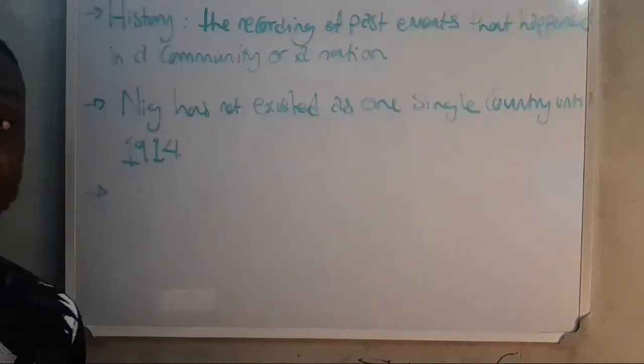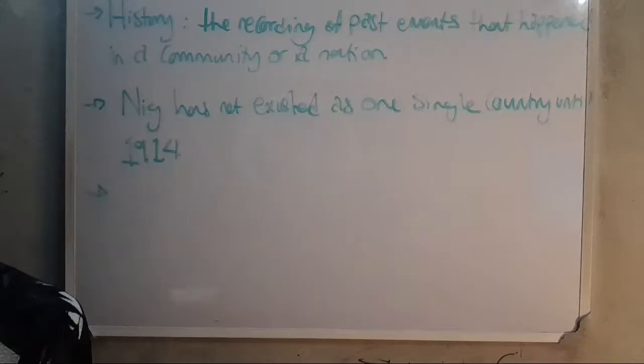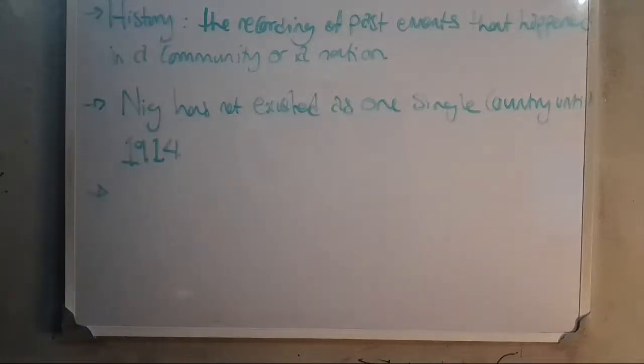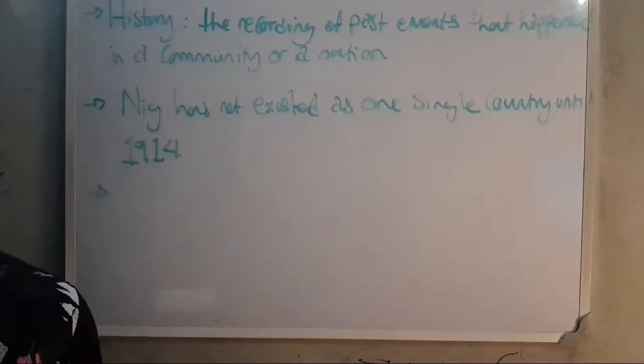We are still on the history of curriculum development in Nigeria, and we're going to be looking at it in two different dimensions: during and after colonization, I mean pre and post colonization.